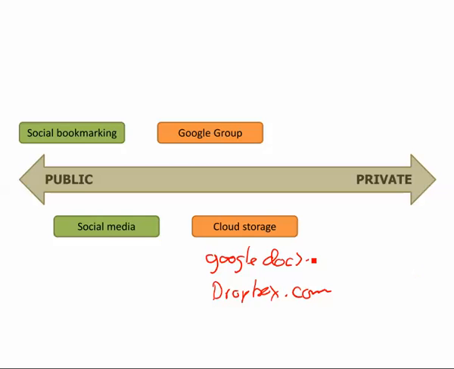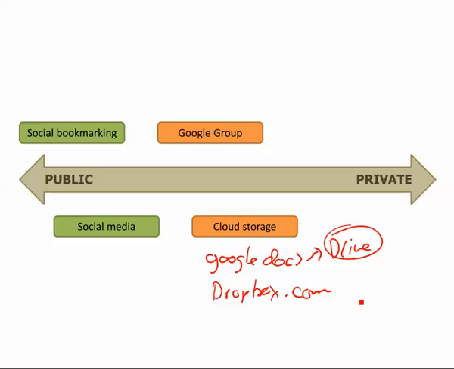Google Docs also supports Google Drive now, which is pretty much the same thing as Dropbox.com. So that's the idea: adding those spaces for storing files in the cloud, so that if you ever lose a device or switch a device, you still have access to your stuff. That's the strategy for the cloud storage.